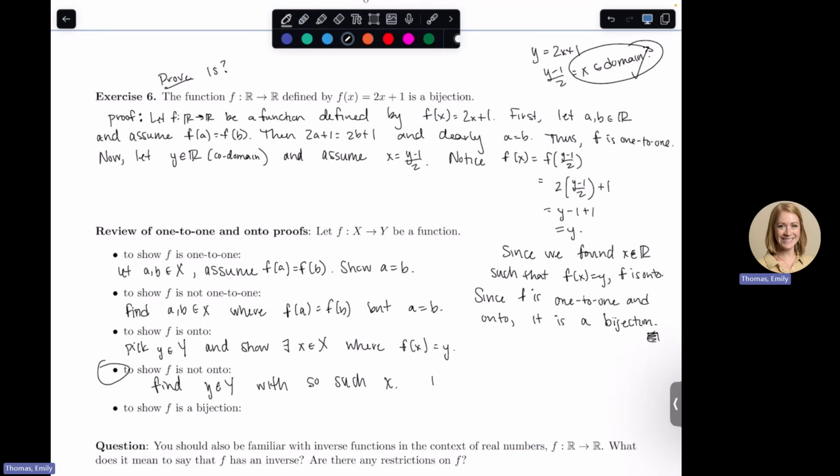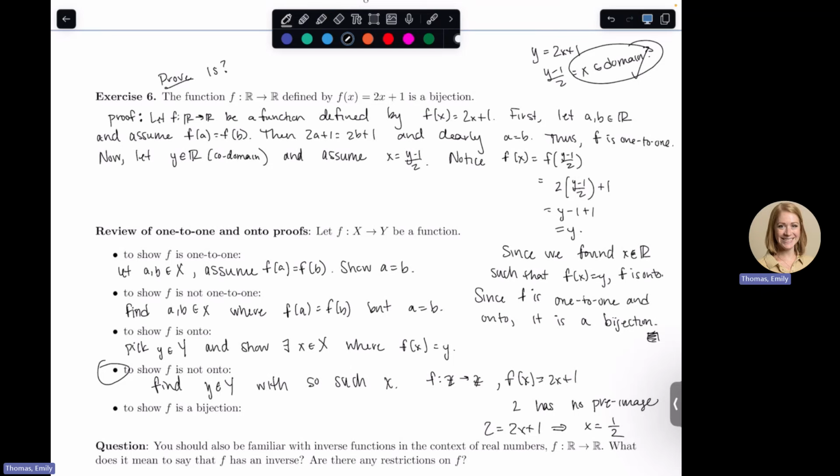Like on that one, if f was going from Z to Z and f of x was 2x plus 1, 2 has no preimage. Like 2 equals 2x plus 1, you would subtract, you would get that x is 1/2.